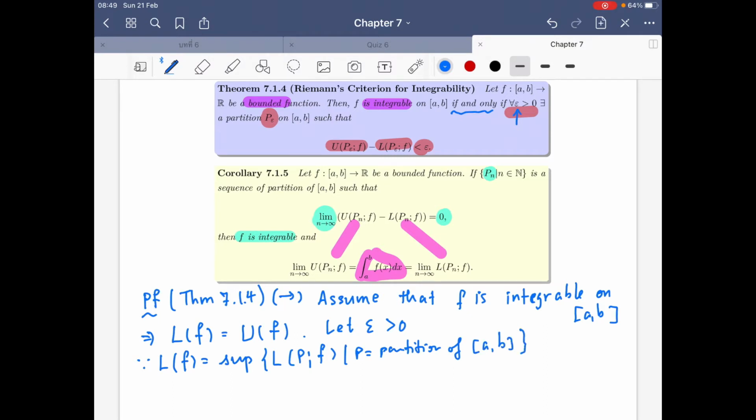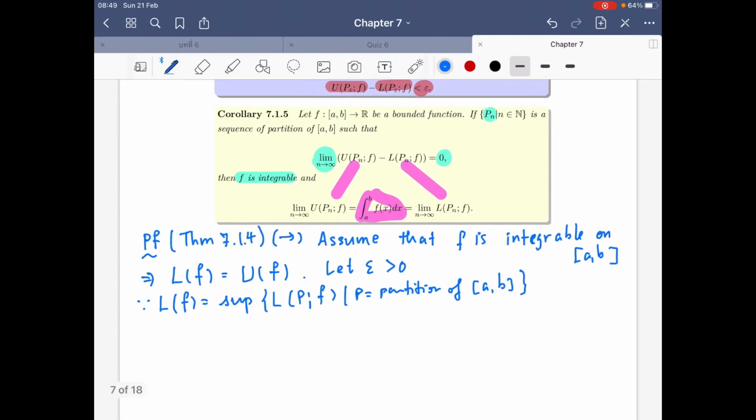So what does this mean? If it is a supremum, here is your L(f), the supremum, it means that if you subtract epsilon from the supremum, then you can find some element in this set that is bigger than this supremum minus epsilon.